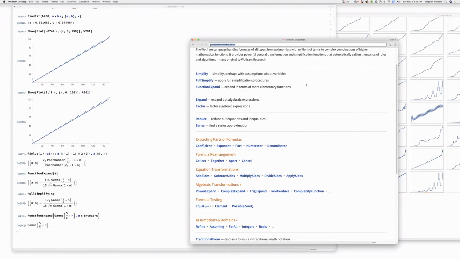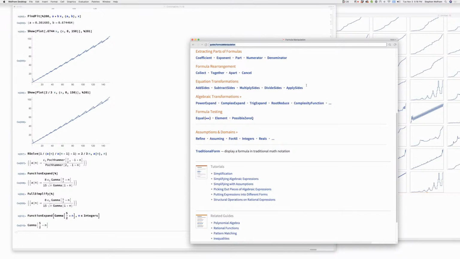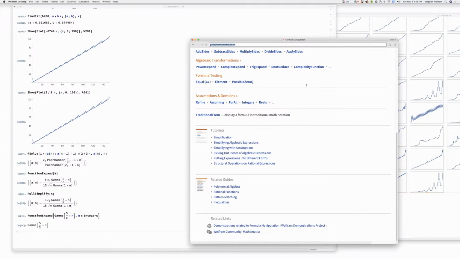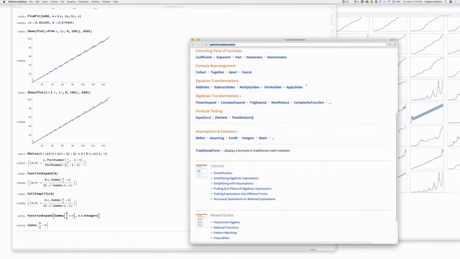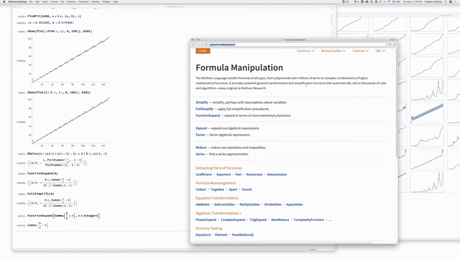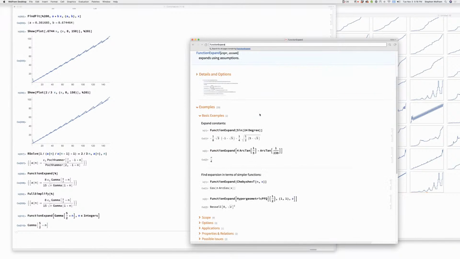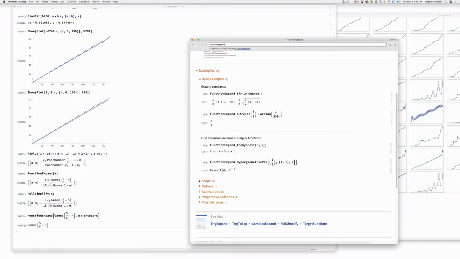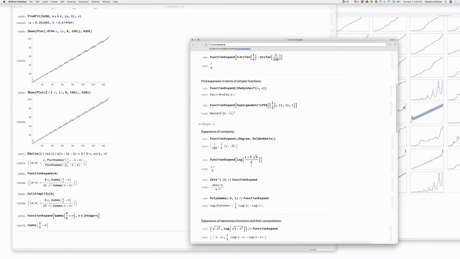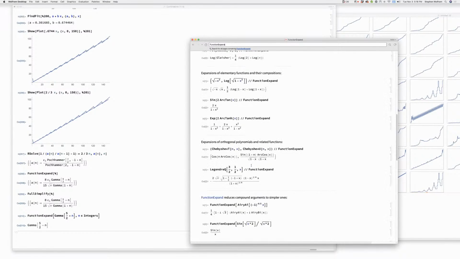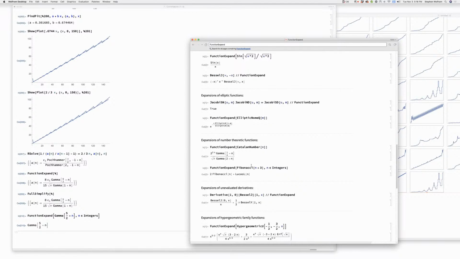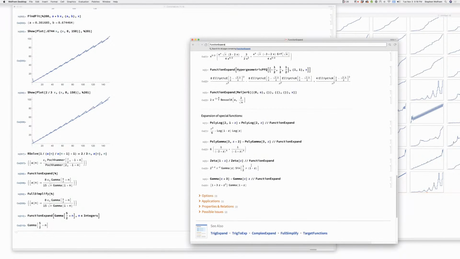Without using any human knowledge of the gamma function. I thought function expand would do this. I'm really surprised it isn't. Why isn't function expand doing this?